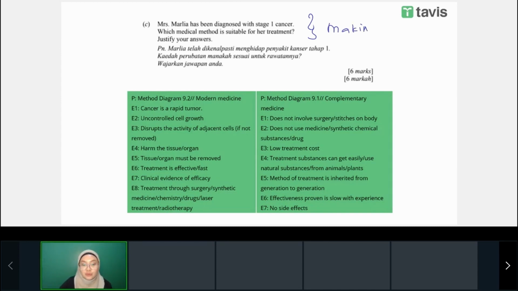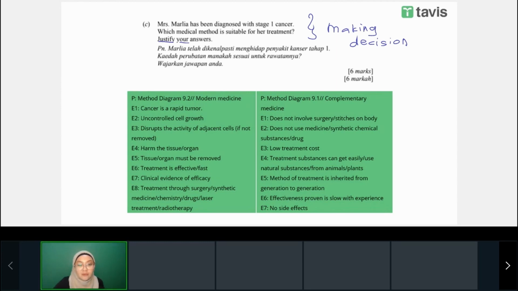What will you choose? 9.1 or 9.2? 9.2 belongs to modern medicine, while 9.1 is the traditional medicine, which comprises the complementary medicines. So justify your answer.